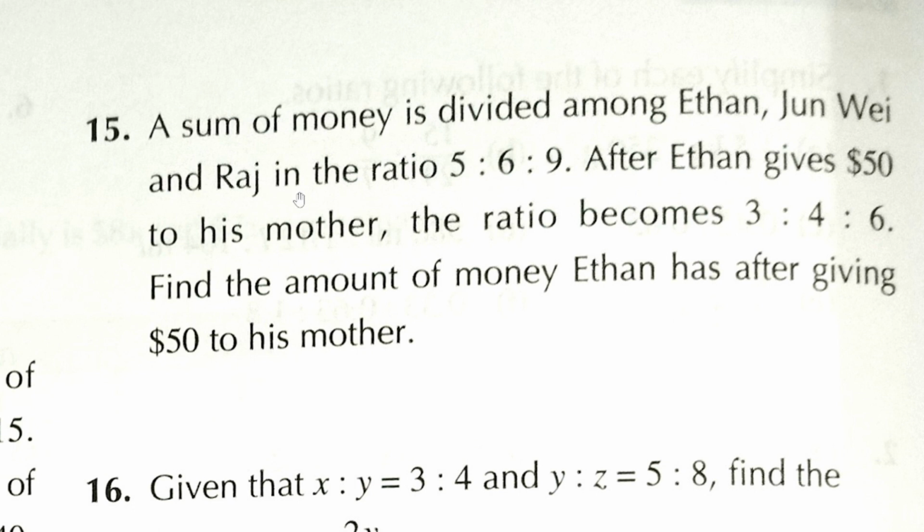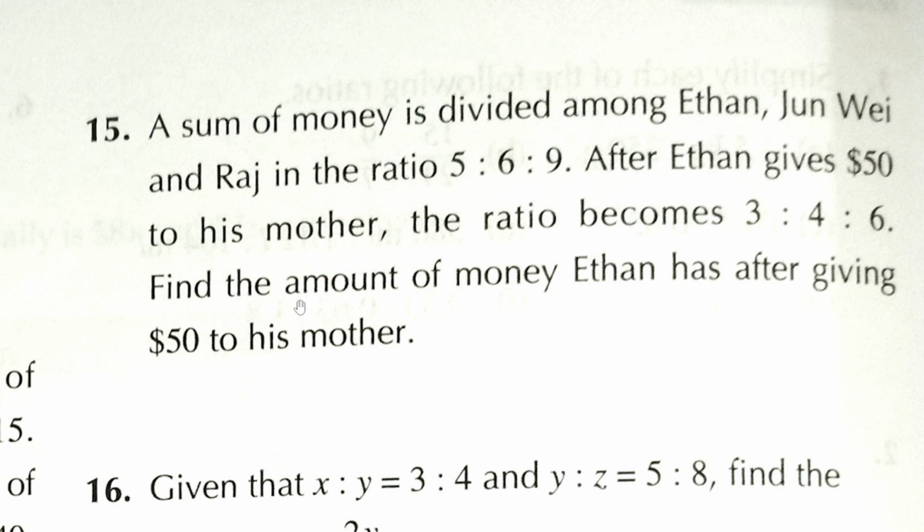Junway and Raj have not given any money to anyone, but Ethan has given $50 to his mother. Find the amount of money Ethan has after giving $50 to his mother.